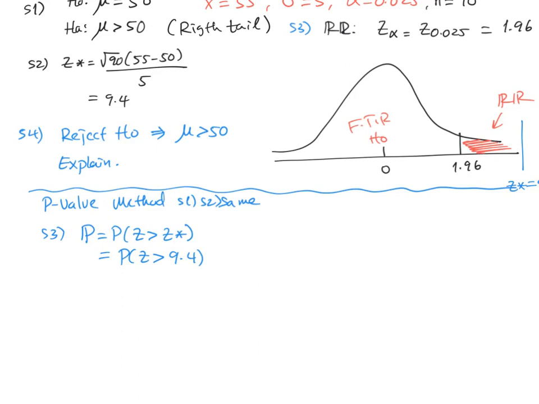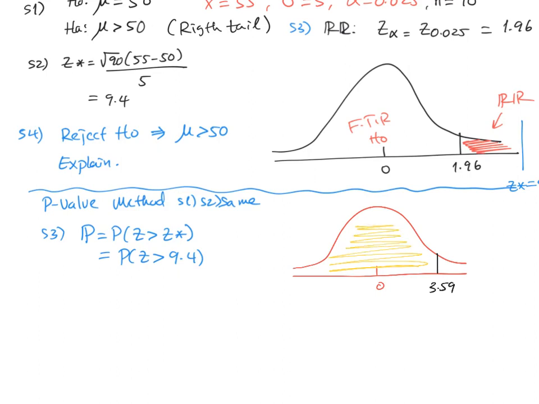Okay, so let's check. If we use the table, you look at the Z table. What is the biggest value on the Z table? The biggest value is at 3.59, okay? And notice that the value corresponding to that, which is what we call the yellow area, doesn't change on the last column.